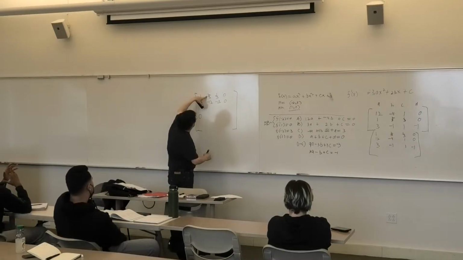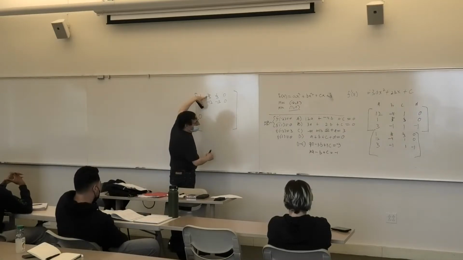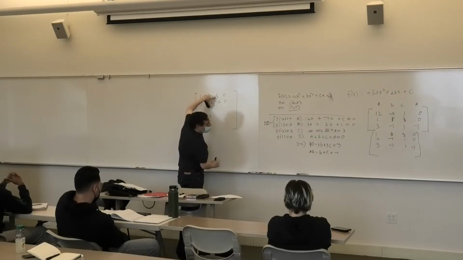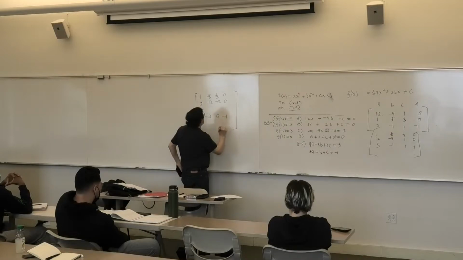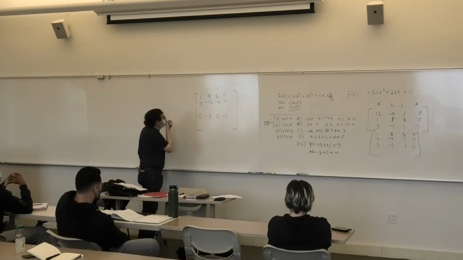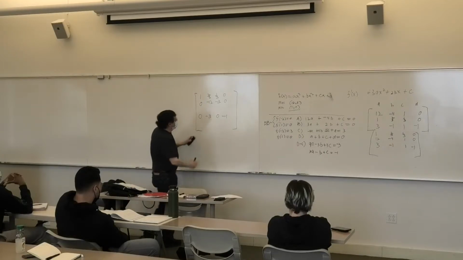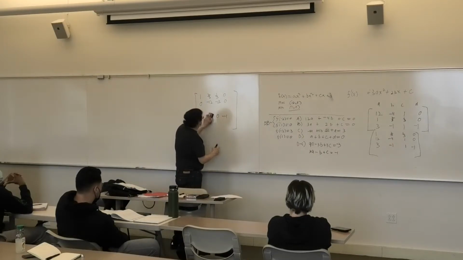So minus 3, that's minus 2 plus minus 1 is minus 3. This times minus 3 is minus 1 is 0. This is minus 1. So I can divide by minus 3.